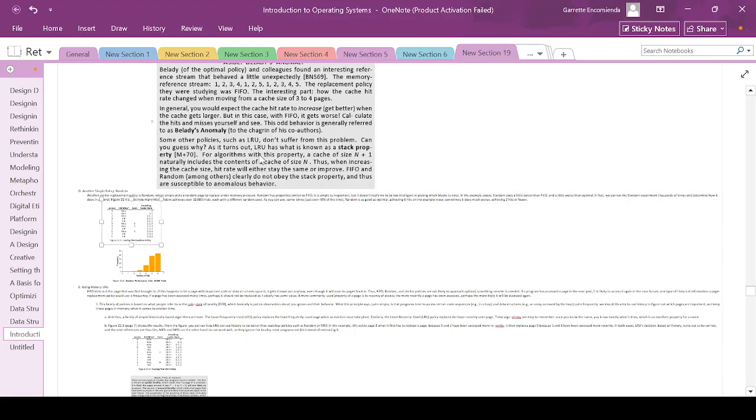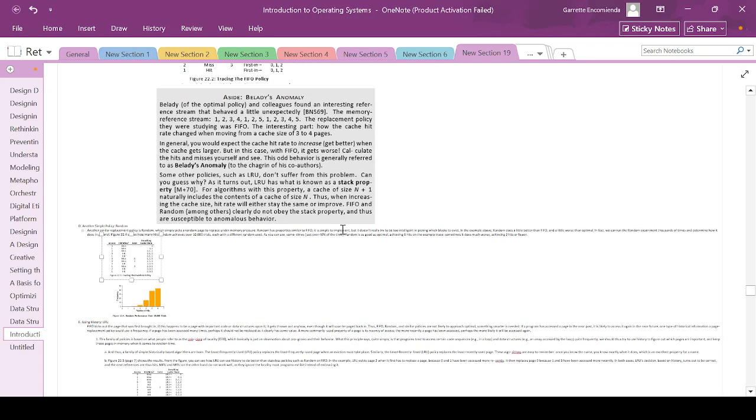On the other hand, which we will later discuss, is the behavior of this algorithm, like first in first out compared to random and then last in first out. I mean, this LRU is not just last in first out, but it has that property, so there is an advantage on using that with a larger cache.